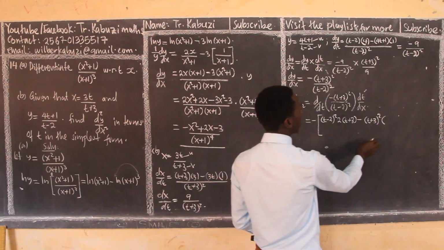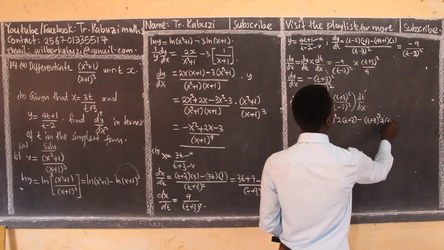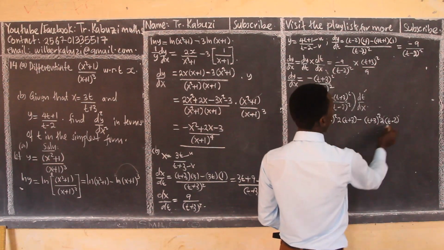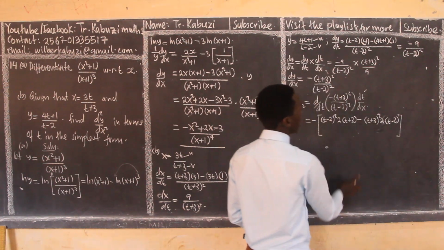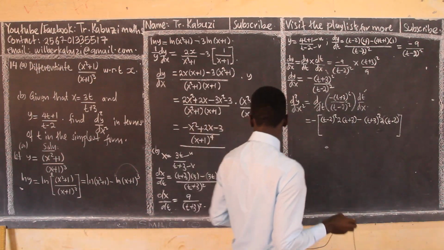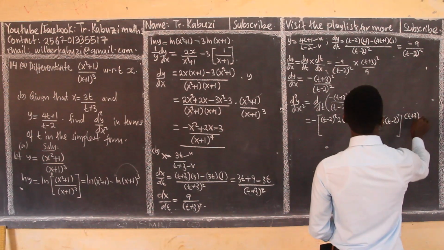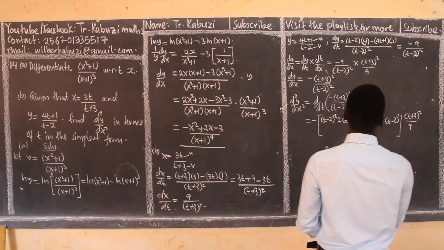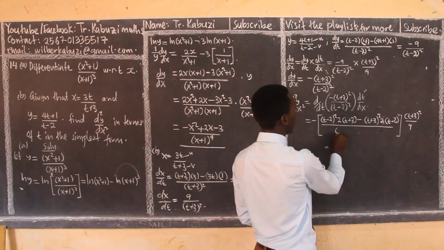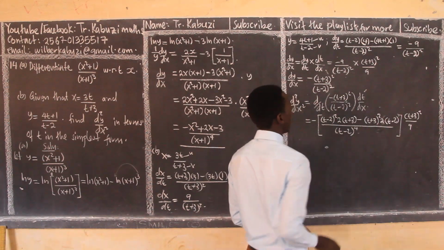When we differentiate this, we get 2 into (t minus 2). The whole thing we are multiplying with our dt/dx, the reciprocal, which is (t plus 3) squared, the whole over 9. The whole thing, when we square this v, we get (t minus 2) to power 4.